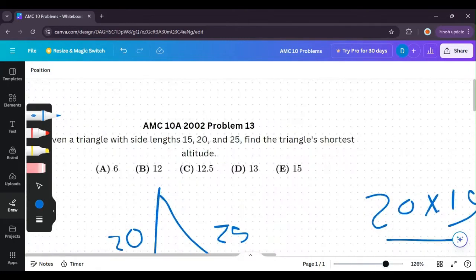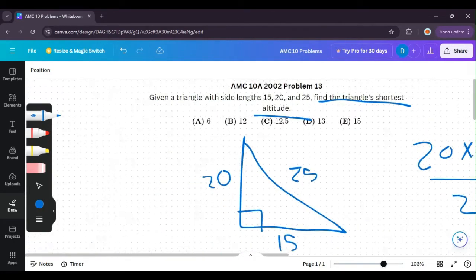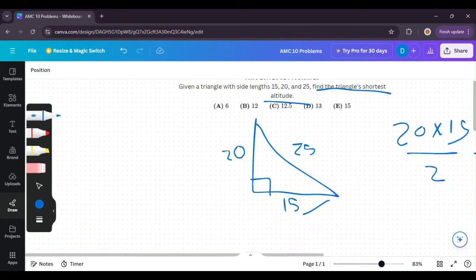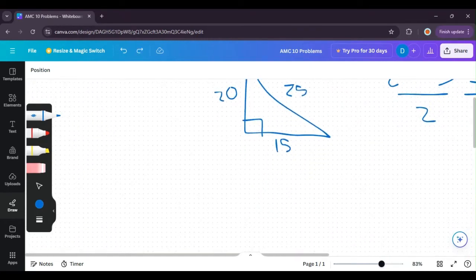And it's asking, find the triangle's shortest altitude. Well, we already know two altitudes. The first altitude being 20.